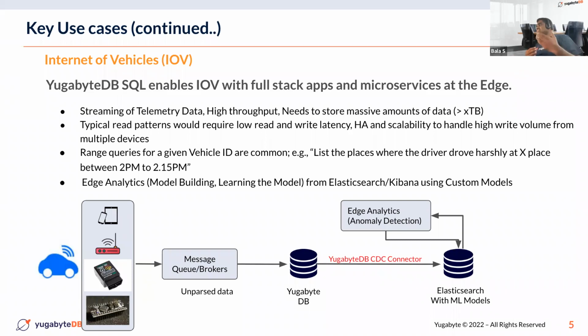All those things need spot decisions, unlike traditional data analytics, which takes some time and gives some latency, right? So this is more powerful for Internet of Vehicles or any IoT data which needs edge analytics. Elasticsearch can complement YugabyteDB and solve those use cases seamlessly.